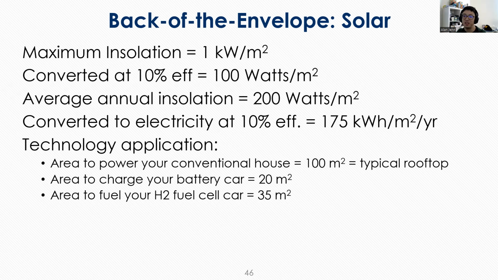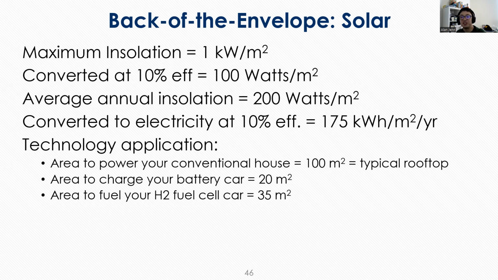That's actually a little bit low for today's standards, but back of the envelope, the area you would need to power a conventional house would be about 100 meters squared, which is about the average rooftop size in the US.